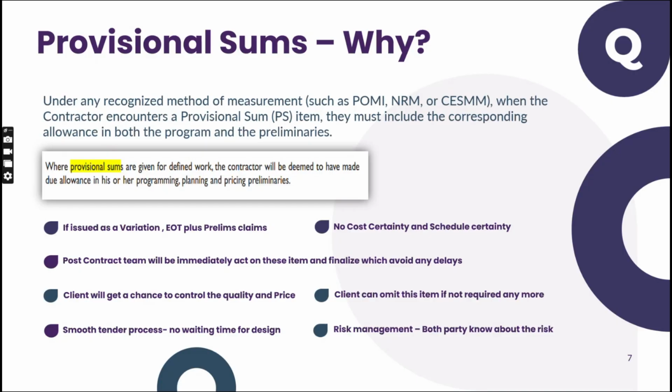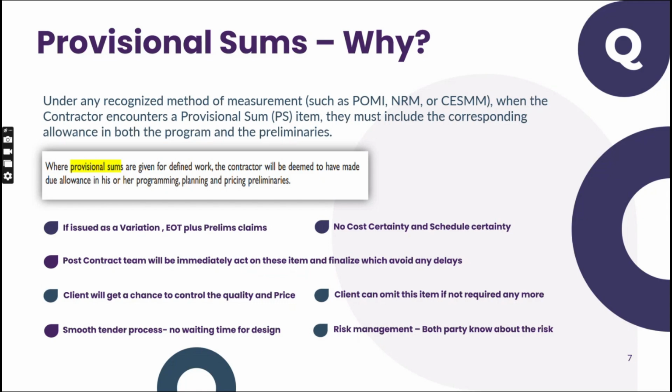For example, say an infrastructure work is a PS item. You are a contractor. You receive the RFP document, the tender document. Then you open the bill of quantities and you see that there is a PS bill of quantity, and there is one item called infrastructure. So guys, when you see this item, you have to consider prelims for that, and you have to consider the program allowance also.